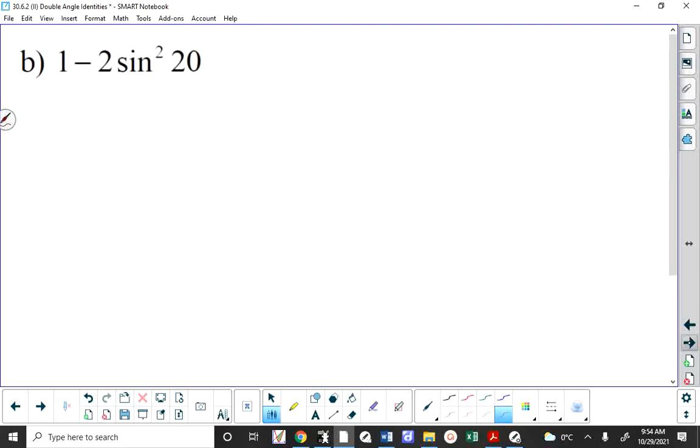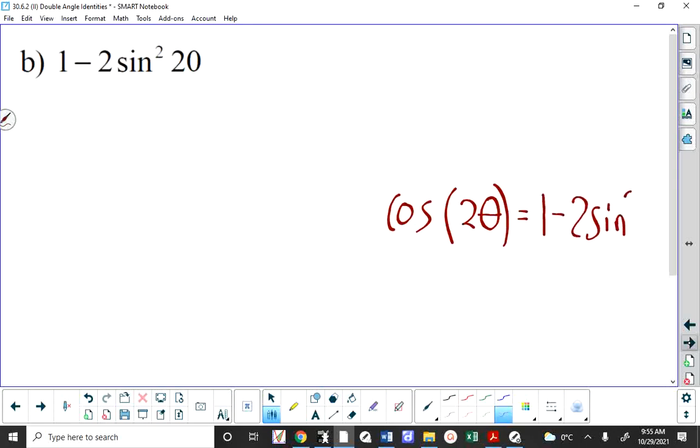B, 1 minus 2 sine squared of 20. That's 20 radians, by the way. Well, can you find an identity that has 1 minus 2 sine squared of an angle? The identity is cos of 2 theta is equal to 1 minus 2 sine squared theta. So when we compare 1 minus 2 sine squared theta to 1 minus 2 sine squared 20, theta is 20.